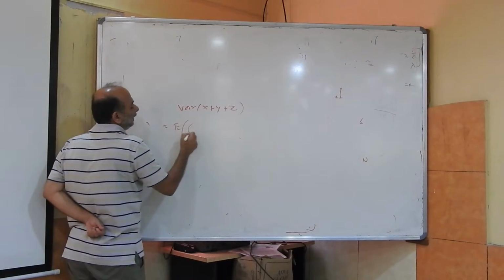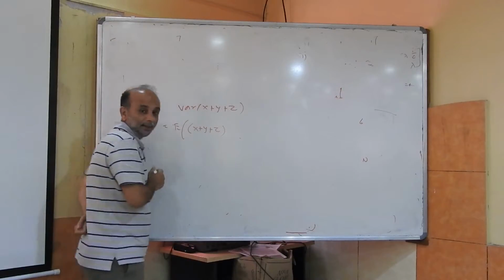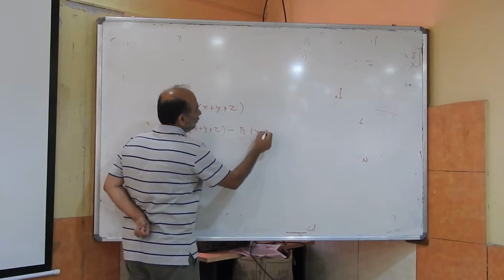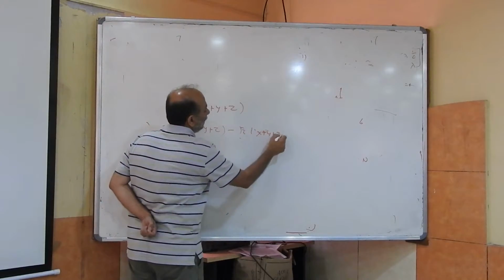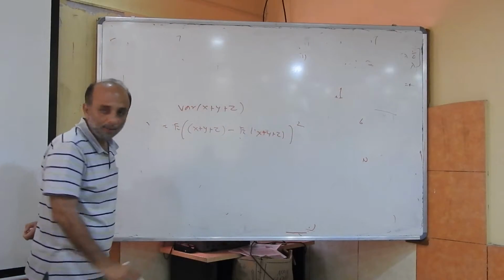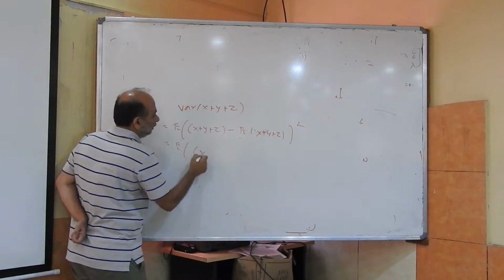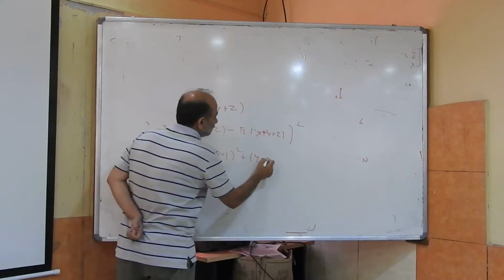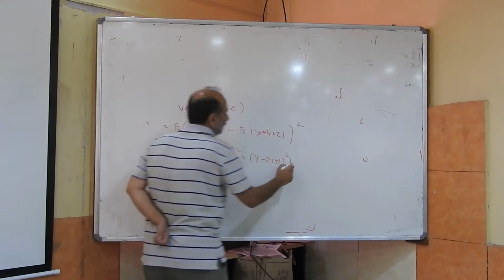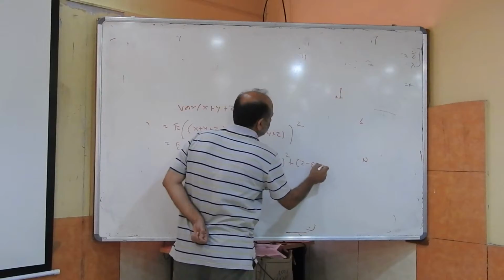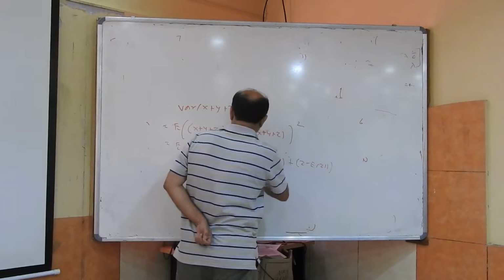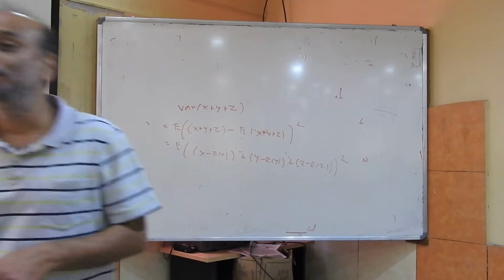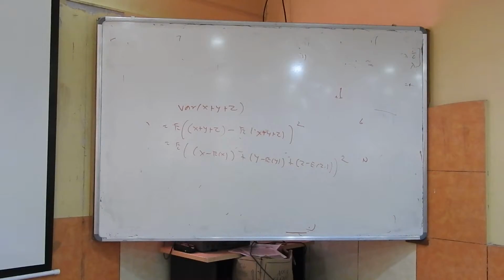You think of this as expectation of (x plus y plus z minus expectation of x plus y plus z) the whole square. This is equal to (x minus expectation x) plus (y minus expectation y) plus (z minus expectation z), the whole square. So you got (a plus b plus c) the whole square. What is (a plus b plus c) the whole square, friends?